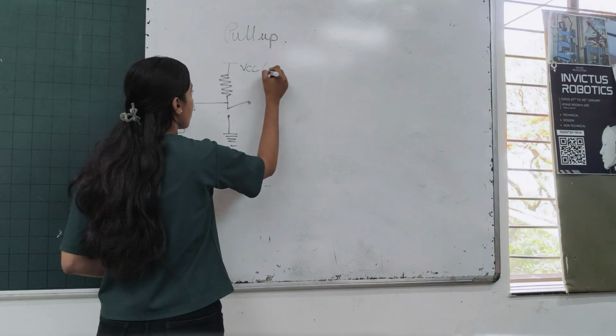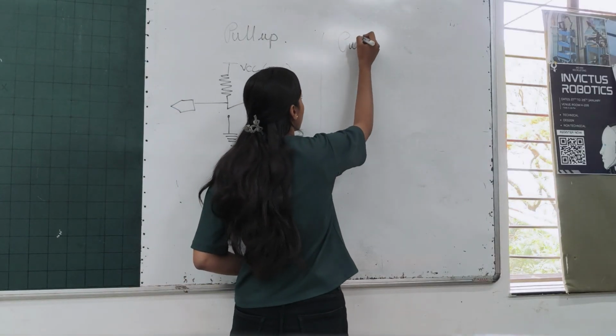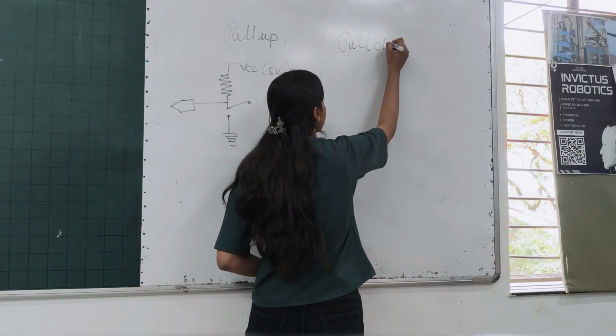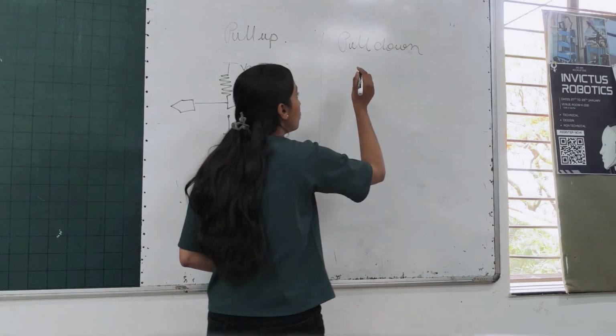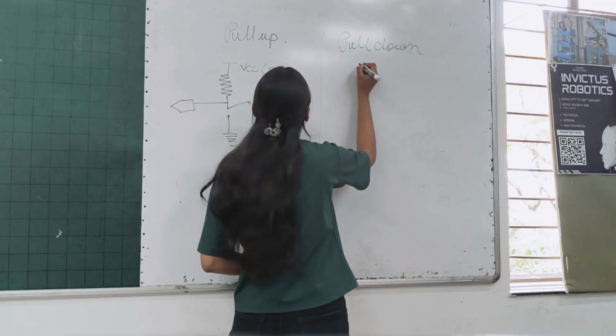So this is the pull up resistor. And this is the pull down resistor. So the pull down resistor is going to act exactly opposite of the pull up resistor.